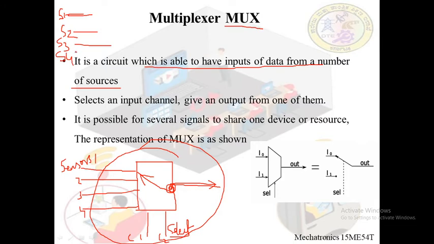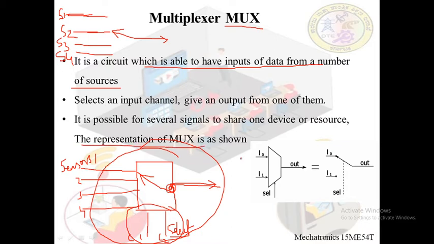Now the multiplexer has reduced this cumbersome task. It acts as a data selector whereby it selects the data depending on the select variable. It selects only one input and passes it to the next stage.